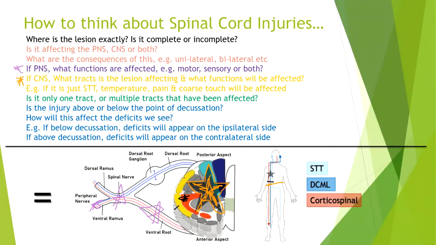So we can see our orange star there, that's touching the DCML tract, which we'll draw in blue. So our DCML tract is here. We can see that the star's definitely touching those. So we know that our DCML is going to be affected.